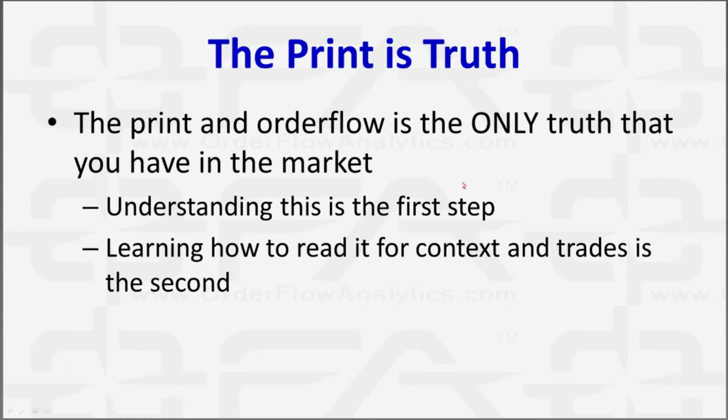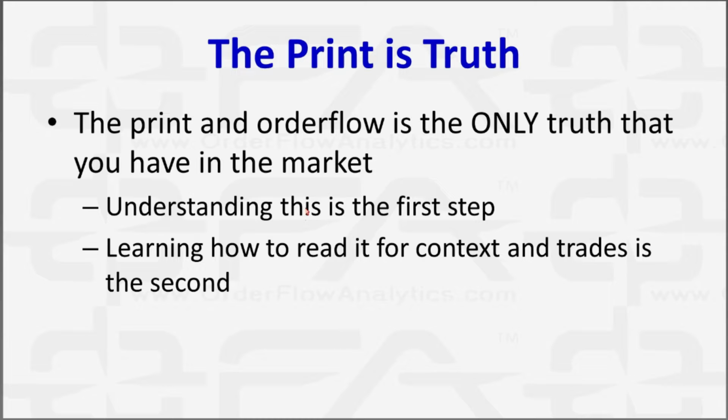Doing this is the first step in reading order flow. Then spending time with it and learning how to read it, reading the order flow for context and trades, is the second step. Once you can do the first, you start to understand the probability that price will move higher when the print starts looking like this, and the probability that price will go lower when the print looks like this.